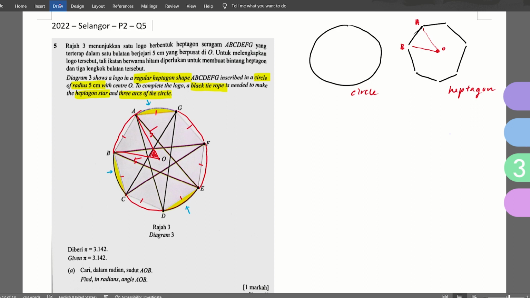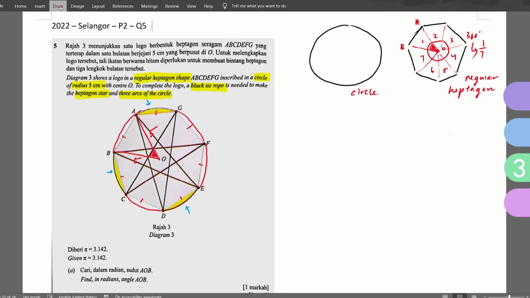Since this is a regular heptagon, this heptagon can be split into 7 identical parts. And since we only need to find this angle here, which is one part of the 7 parts, we can take the sum of all the angles, which is 360, and multiply by 1/7.